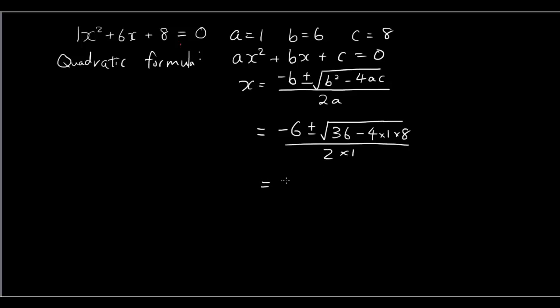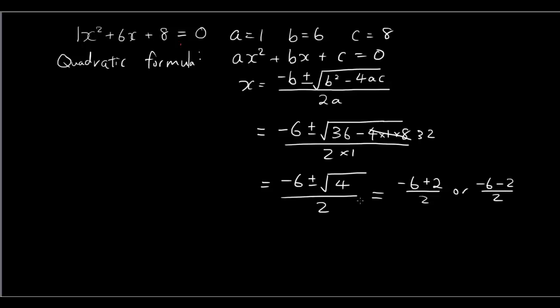So that's equal to negative 6 plus or minus the square root of 36 minus 4 times 8. 4 times 8 is 32. 36 minus 32 is 4, over 2. So that's negative 6 plus square root of 4, which is 2, over 2, or negative 6 minus 2 over 2. Right, because we have plus and minus there, so we separated it into two separate answers.